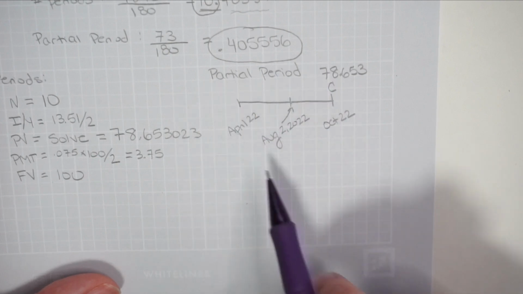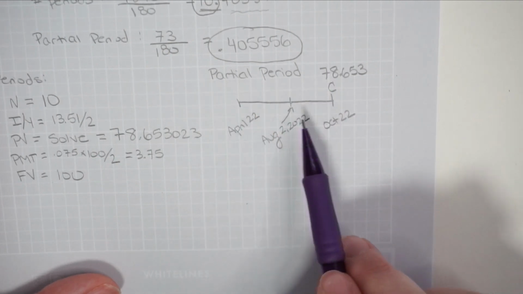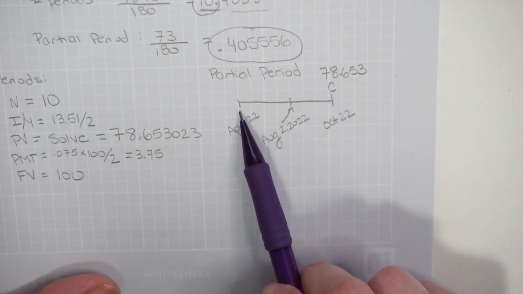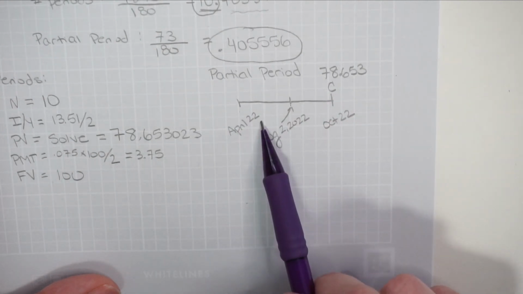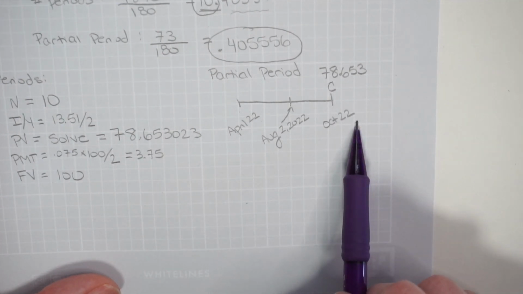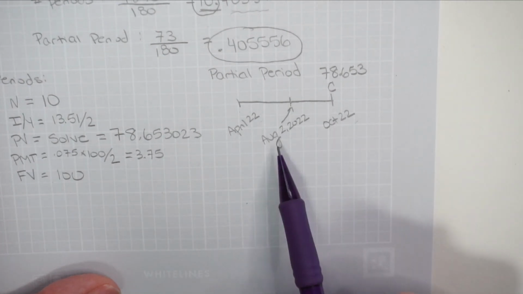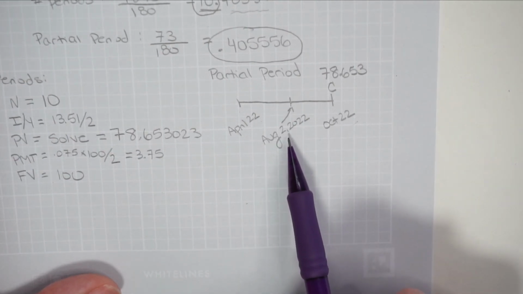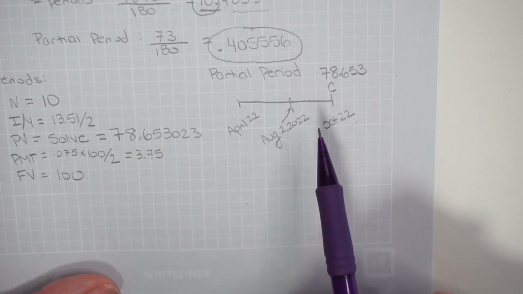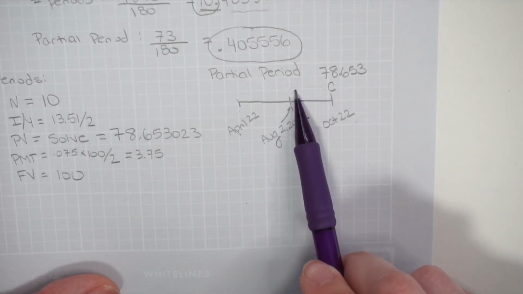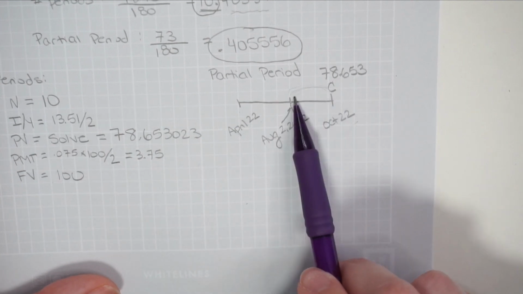So what I've just written out here for the partial period is a zoomed in version of just that first time period. So we go from the last coupon they paid, which would be April 15th, 2022, up until the next coupon they're going to pay, which is October 15th, 2022. And we're currently thinking of settling on this bond August 2nd, 2022. So what we need to figure out is what fraction of a period we would actually own the bond for.